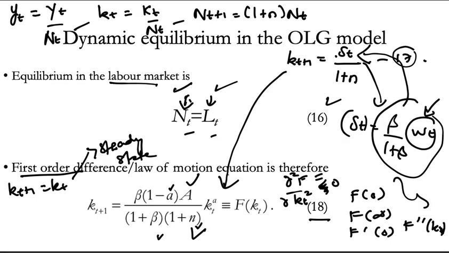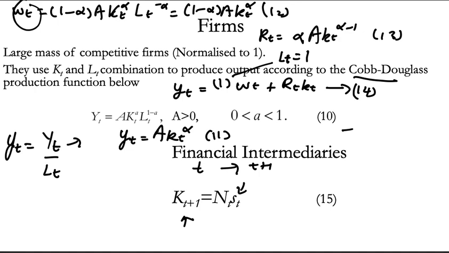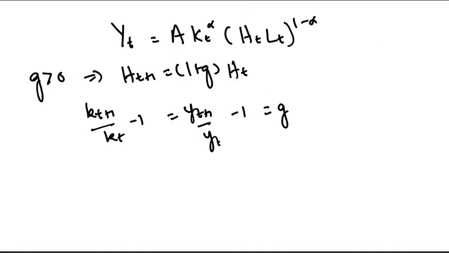Let's go back to the firm's production function, which is this, the initial production function that I introduced for OLG. But now, let's use this one. You use this one and recalculate k_{t+1}, with this kind of assumption.